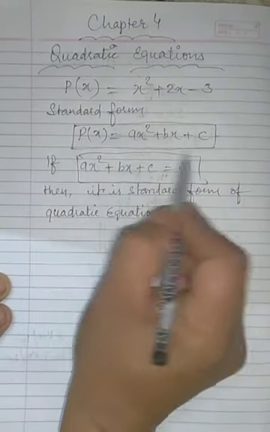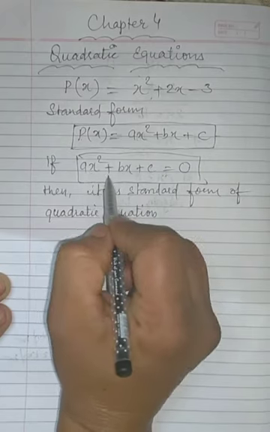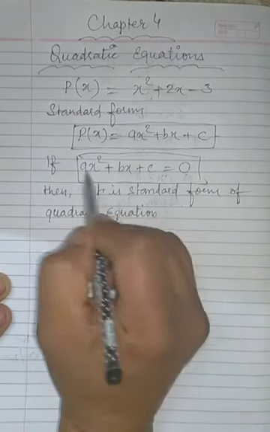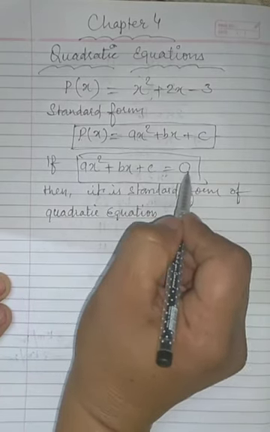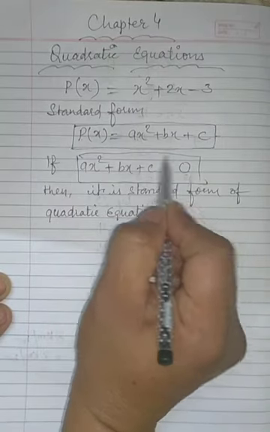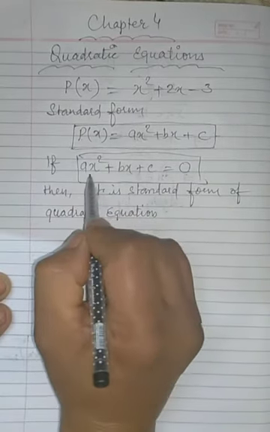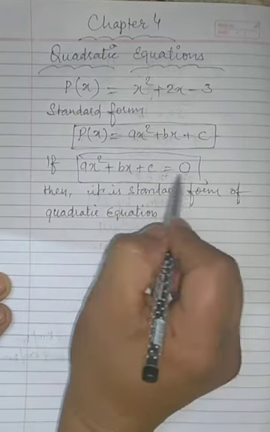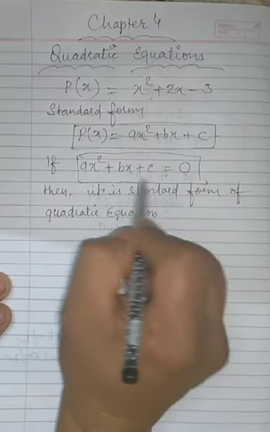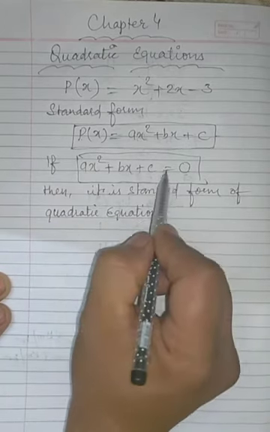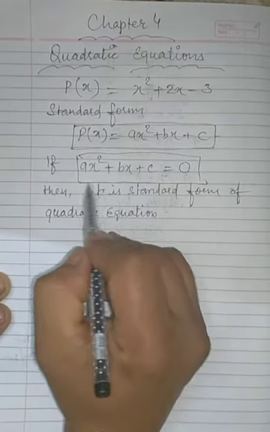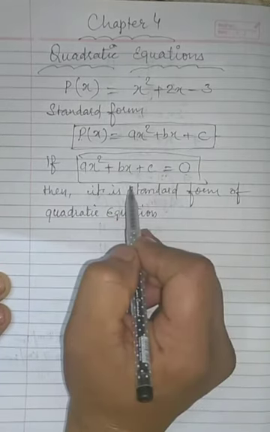But if the same polynomial is written as ax square plus bx plus c equal to 0, then it becomes a statement of equality, that this whole polynomial is equal to 0. So if we write it equal to 0, then it becomes the quadratic equation.